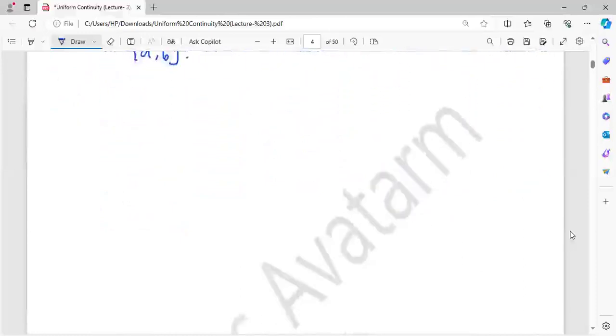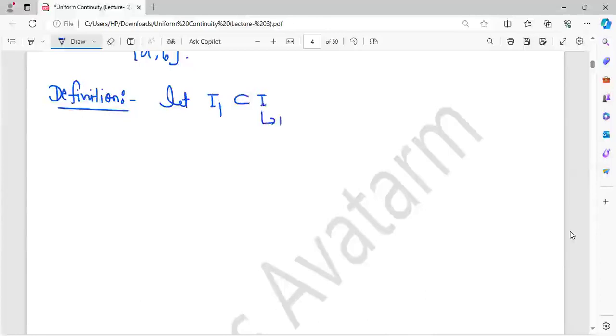So we are going to see another result. What is the meaning of extension? Let I1 be an interval contained in I, where I is an interval.